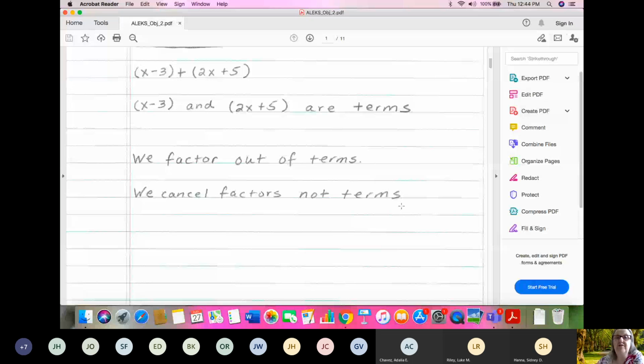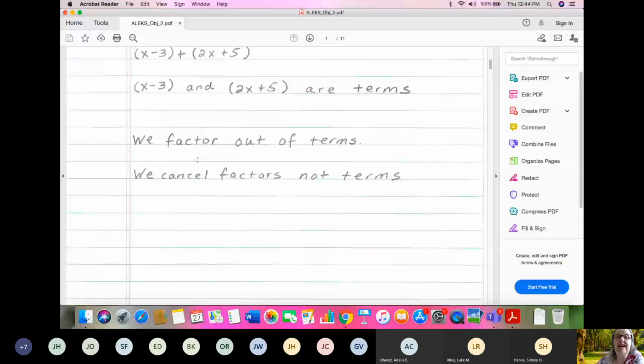We factor out of terms. Why do we factor out of terms? Because we can cancel factors, not terms. That's why we spend so much time in algebra courses working on factoring, because we can cancel factors. And it actually helps us be able to do a lot more algebra if we know how to factor.